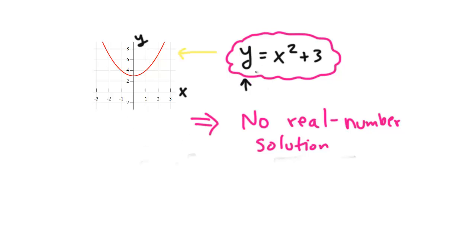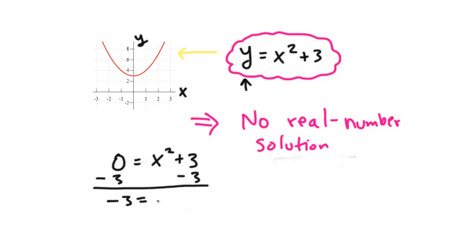Alright, let's see what would happen to the value of x when we plug in 0 for y. 0 is equal to x squared plus 3. That's from this equation here. So now we subtract 3 from both sides, and we'll get -3 is equal to x squared, and then we'll take the square root of both sides, so the square root of -3 is equal to the square root of x squared.